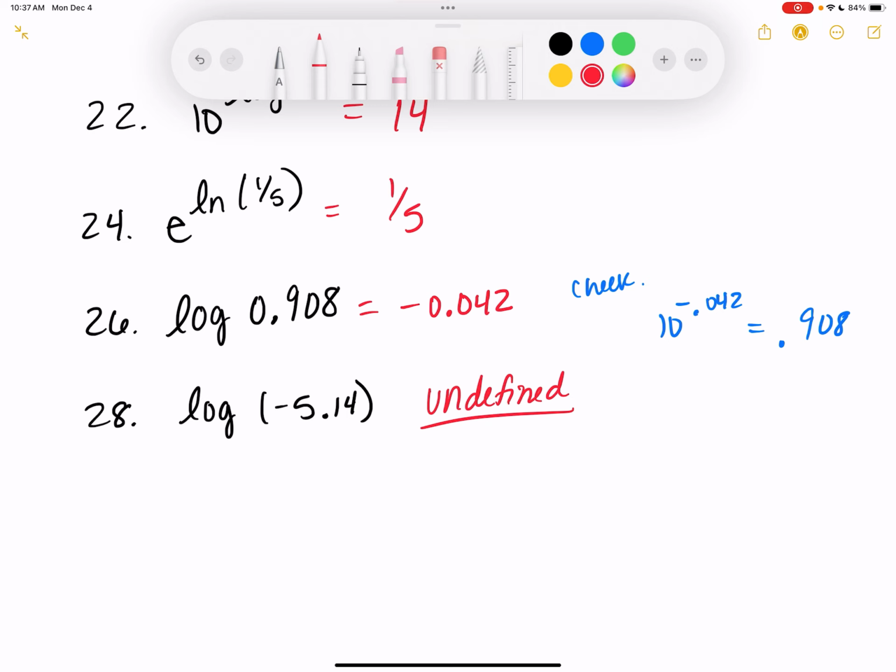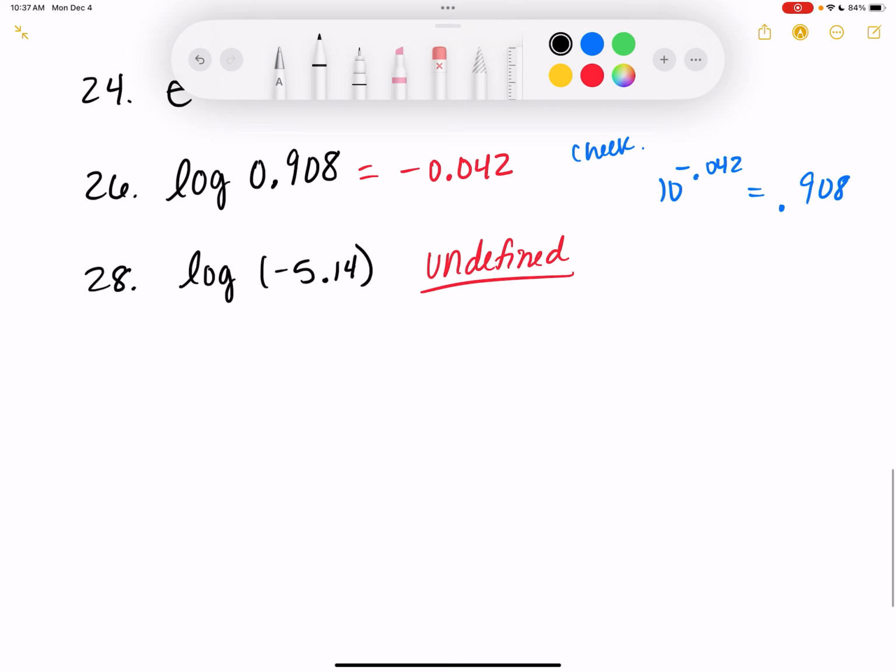But if you type it in your calculator, it's going to come up and say something like domain error, or dimension mismatch, or non-real answers. Maybe I should take this a plus b i thing off. Probably. Anyways.